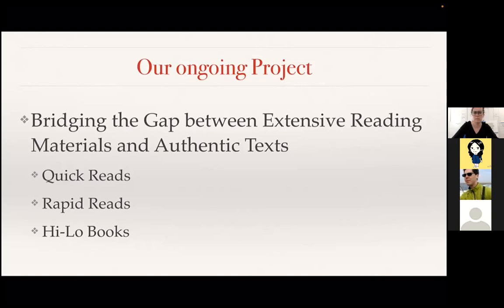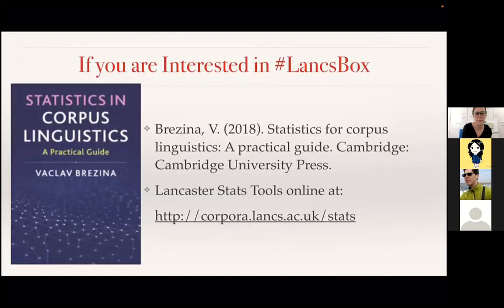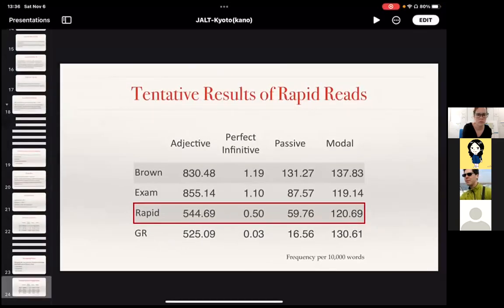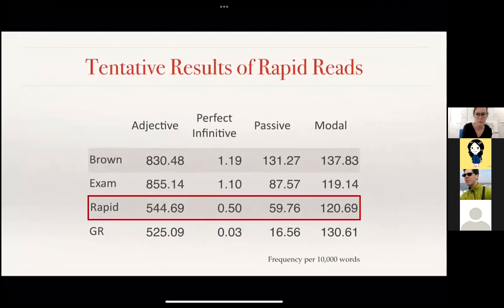We haven't finished compiling all these books into one corpus, but I have a limited-size corpus and I did analysis same as the one I just did for graded reader and examination corpus. And it seems that these series nicely fit in that gap. I'll show you the result here.